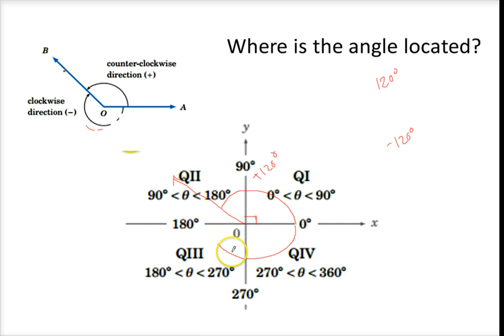It's not going to make it all the way to negative 180, so it would be here. Okay, so this angle is negative 120, while this angle is positive 120. So you can see it makes a big difference. This one stopped in quadrant 2, while this one stopped in quadrant 3, and that's going to make a big difference in our calculations later on.